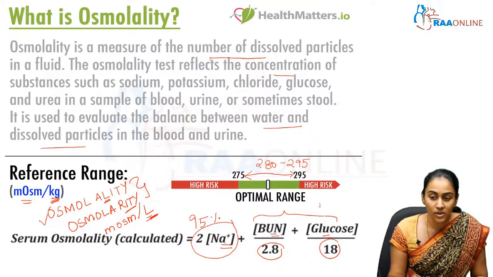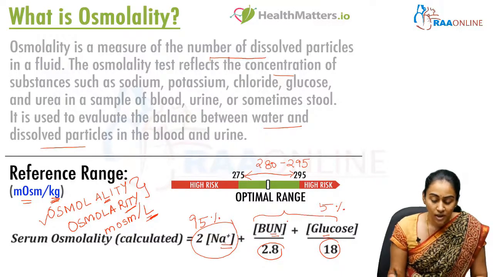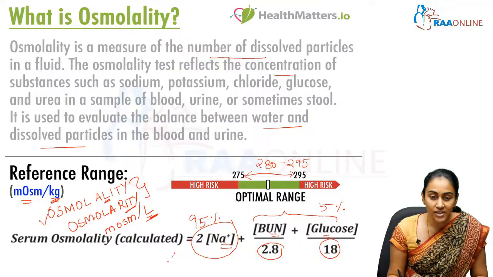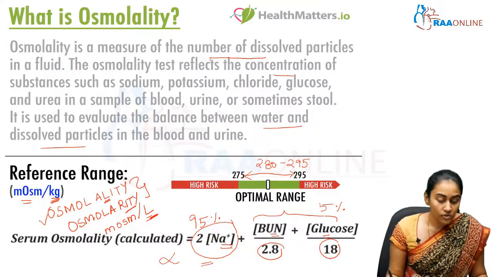So in real time, they contribute to less than 5% of your serum osmolality. Serum osmolality is directly proportional to your sodium, and it can roughly be calculated by doubling your serum sodium level. So sodium is an extremely important ion which has a lot of effect on serum osmolality.